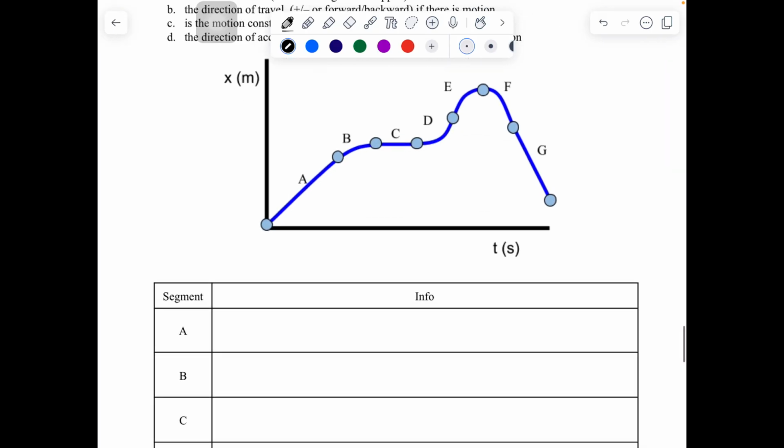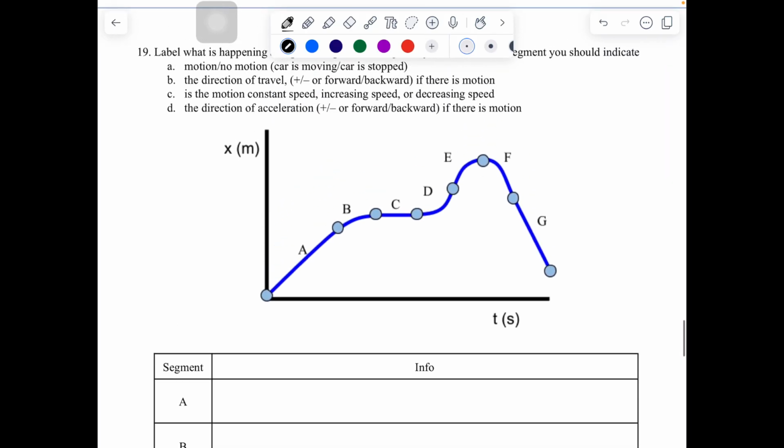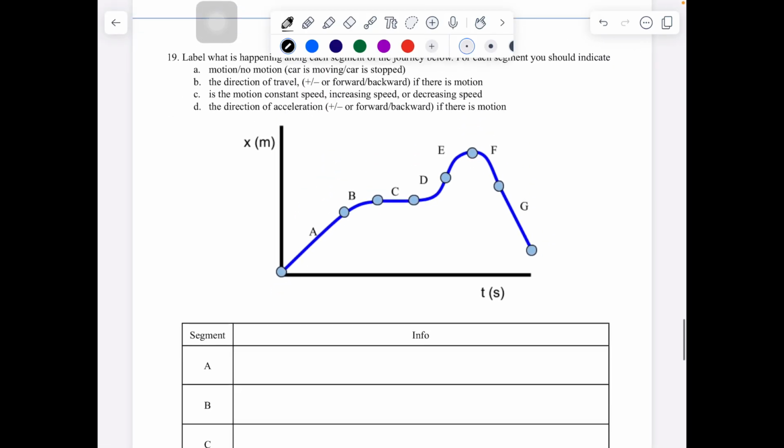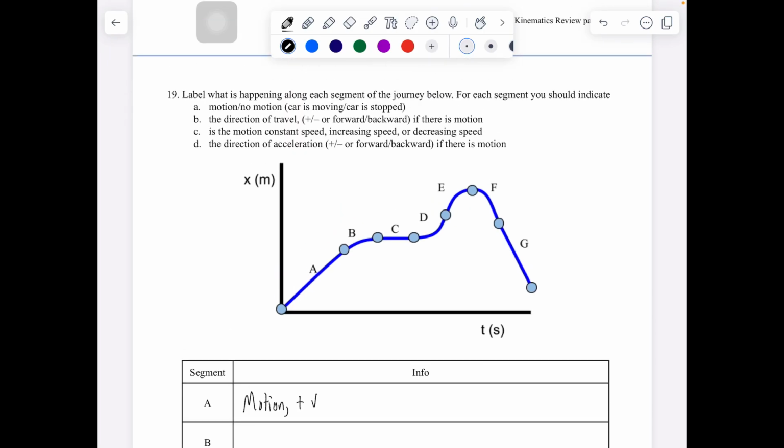So for segment A, let's start off, motion or no motion. There is motion. The car is moving. The direction of travel, they have a positive velocity. They're moving forward. The way we tell, well, on a position time graph, you're looking at the slope. Slope tells you if the velocity is positive or negative, if they're moving fast or slow, and if they're speeding up or slowing down.